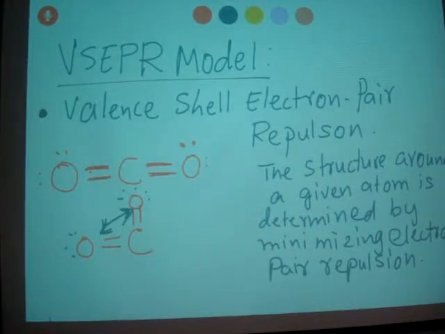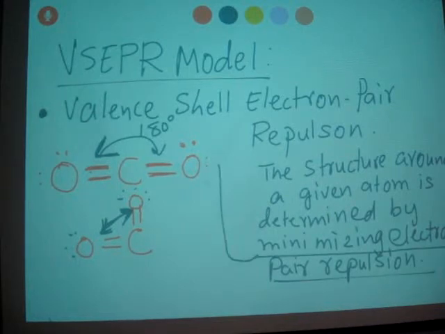At 90 degrees they have maximum repulsion, but at 180 degrees they have less repulsion. So the bonds are situated at 180 degrees, because that's where they get minimized electron pair repulsion.